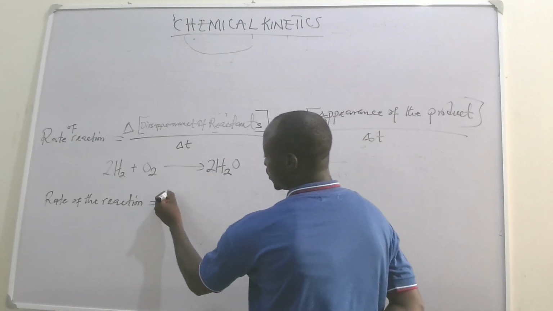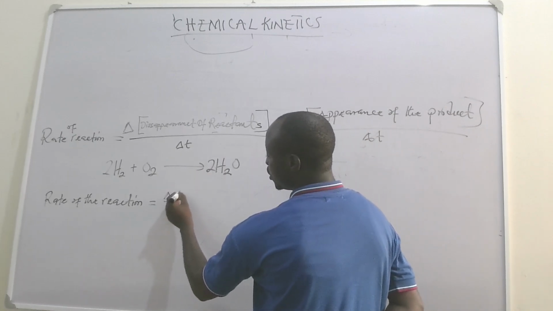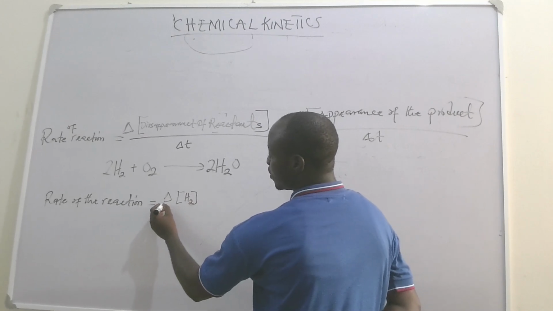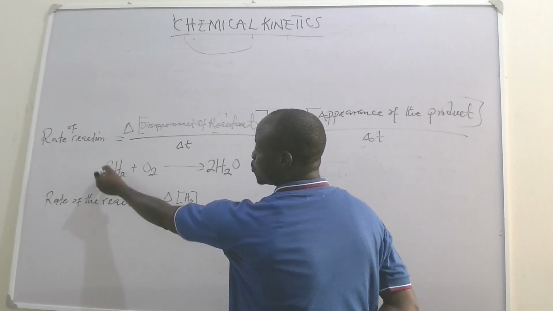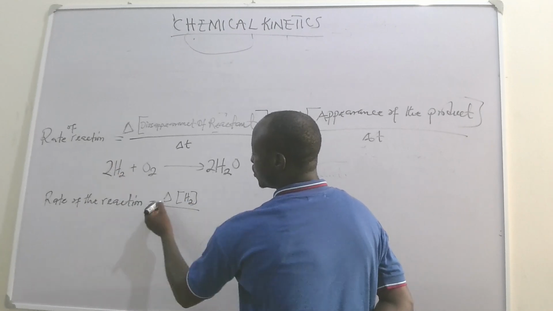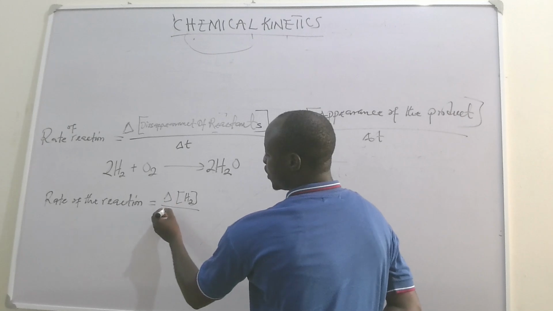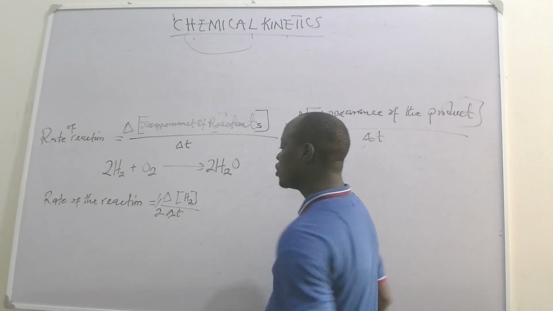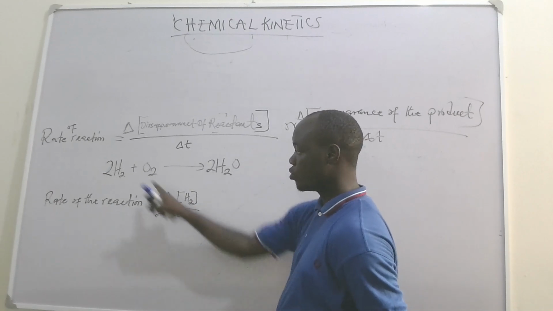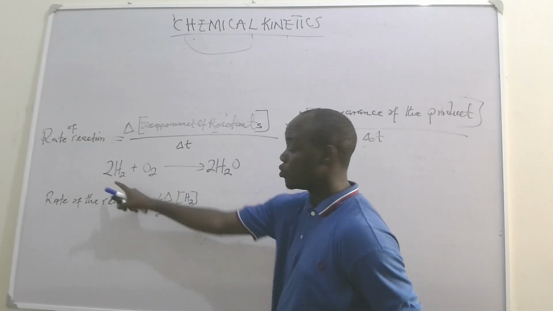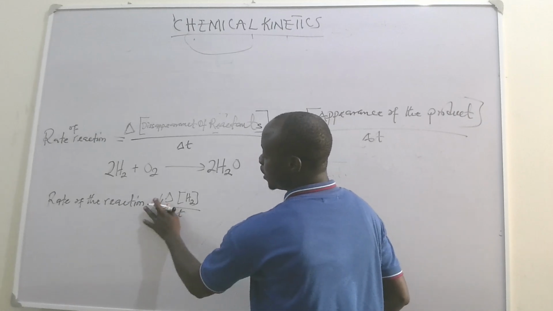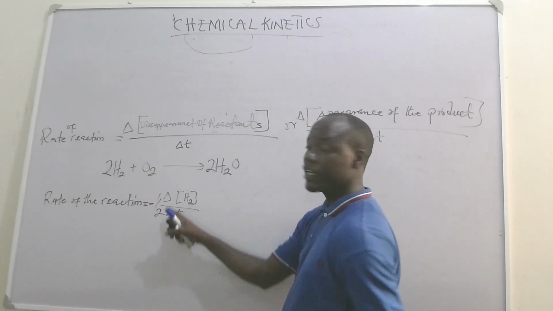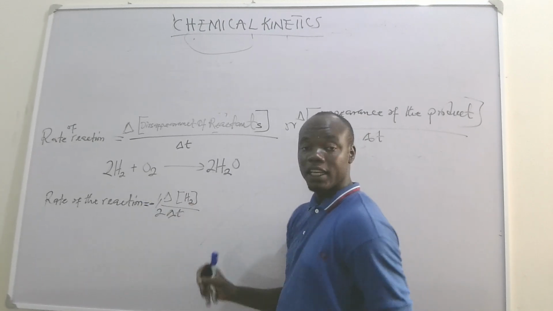So you can now see the change in concentration of hydrogen divided by, of course, we have 2 here, so we have 1 over 2 times the change in time. We have 1 over 2 because we have this 2. But here it must be negative. So we are going to have a negative. Why is it that it is negative?